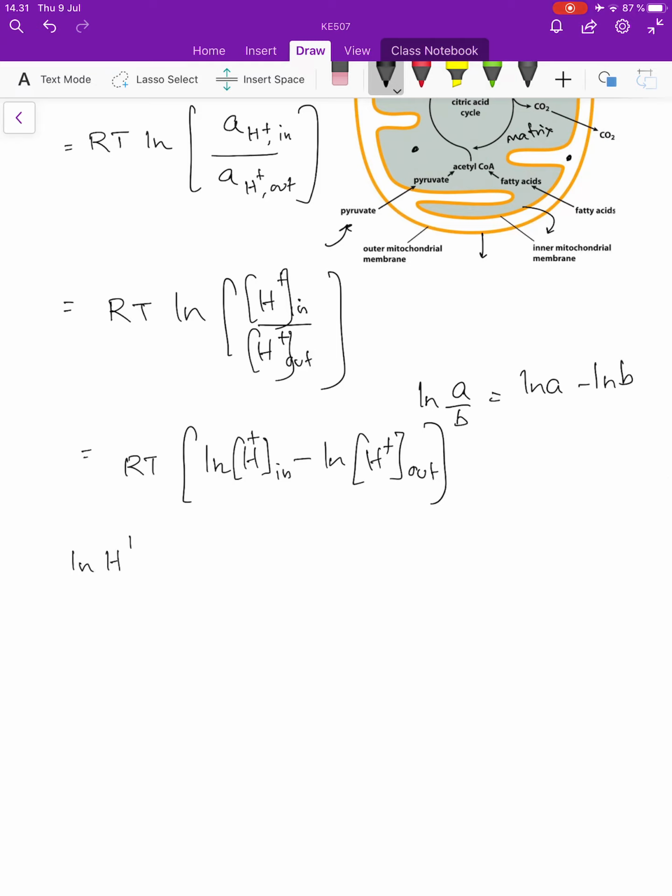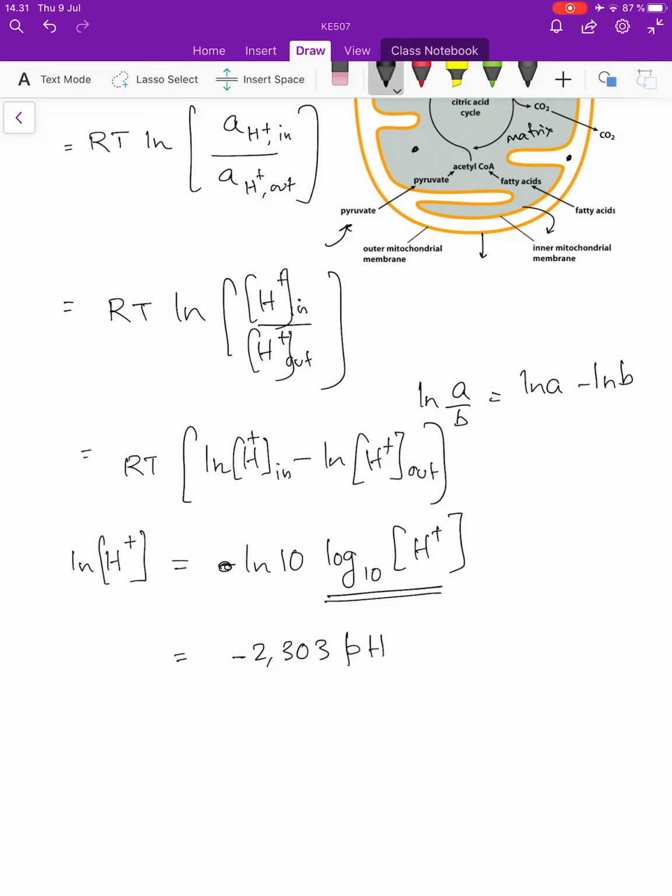If you look at the logarithm of the concentration of protons, you can also write this as ln 10 times the logarithm to the base 10 of the concentration of protons. This is nothing but the negative of the pH, and ln 10 is 2.303, so this becomes minus 2.303 multiplied by pH.